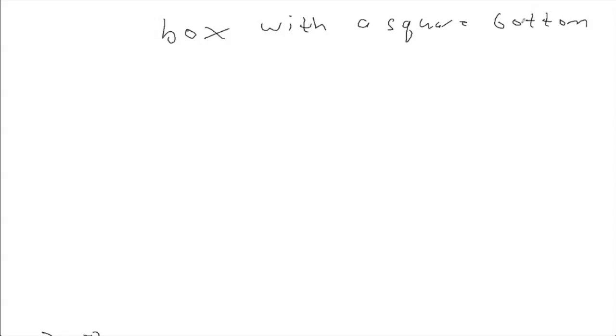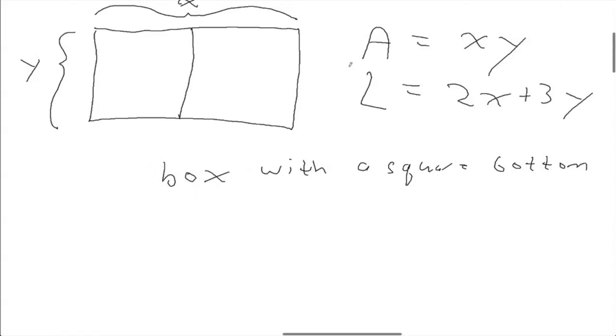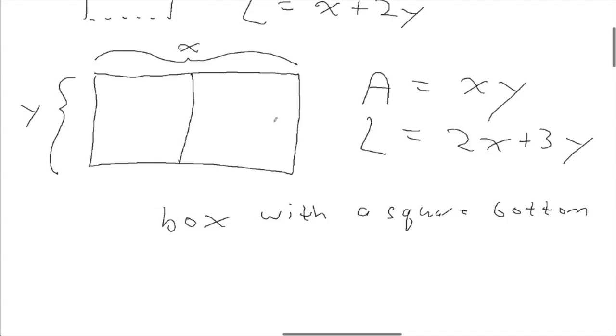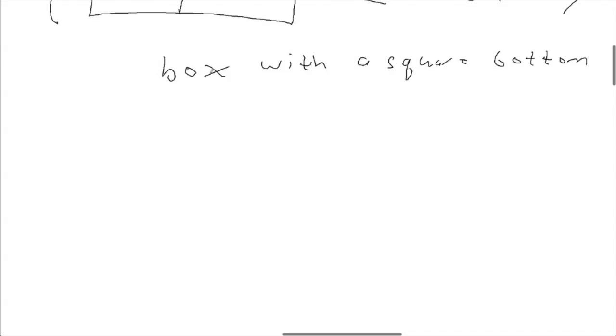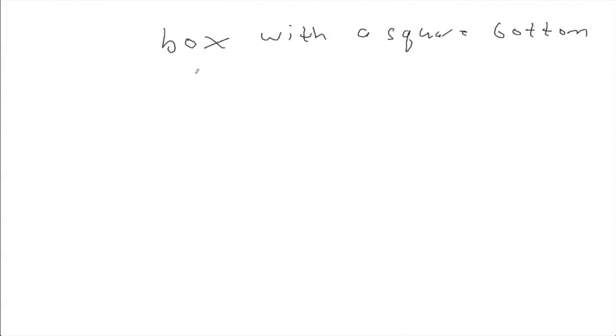Now let's say I'm going to make a box with a square bottom. First of all, do you see how that's different from what we were doing before? What we were dealing with before were squares and rectangles, which are two-dimensional. But a box is three-dimensional. So this is going to be different because a box is three-dimensional, not two-dimensional.